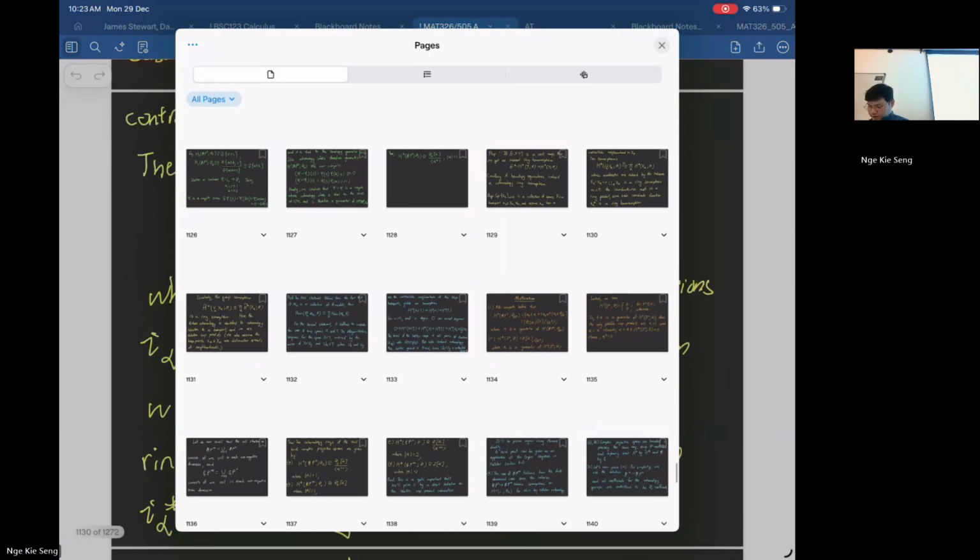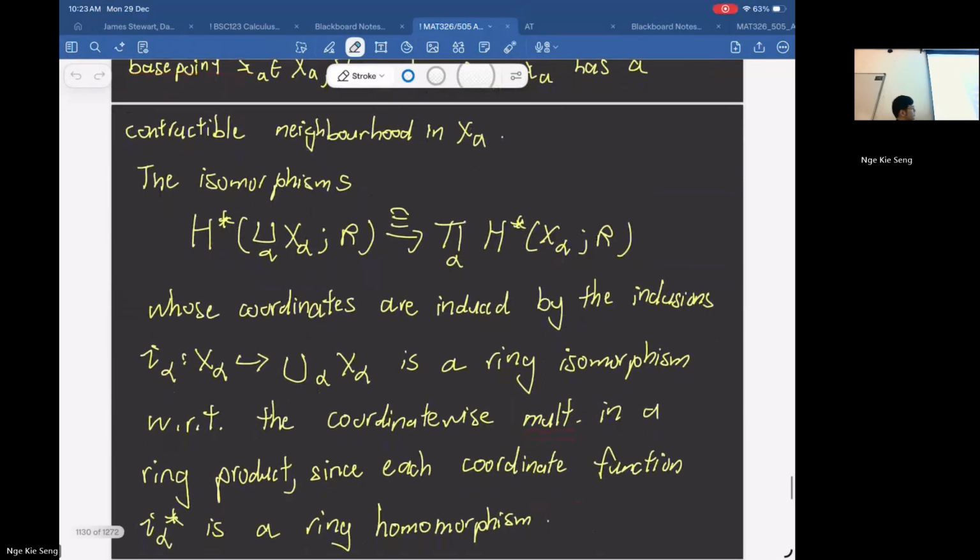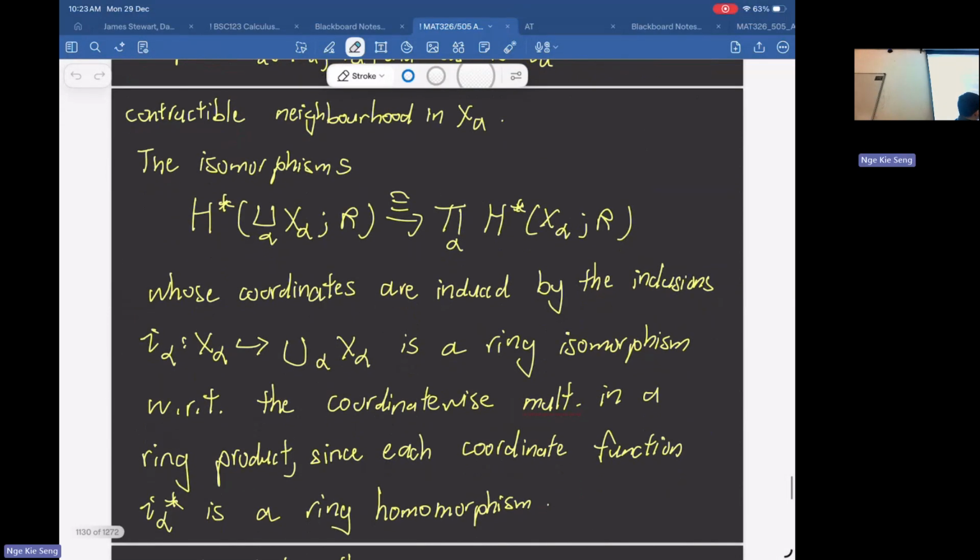Good. And then next, if you have a disjoint union of spaces, then your cohomology will split into a direct product.